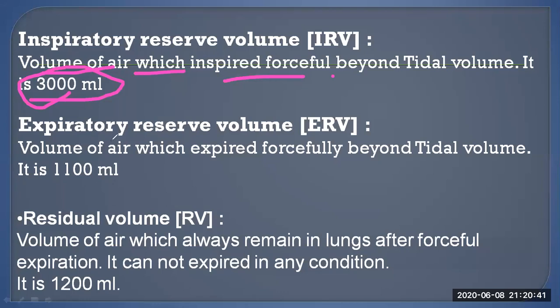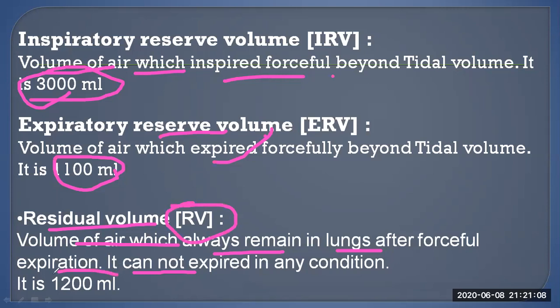Expiratory reserve volume, ERV, has a value of 1100 ml. That means the volume of air which is expired forcefully beyond the tidal volume. And residual volume, RV, is the volume of air which always remains in the lungs after forceful expiration. Some volume is present inside the lungs, and this is called the residual volume, and the value of residual volume is 1200 ml.